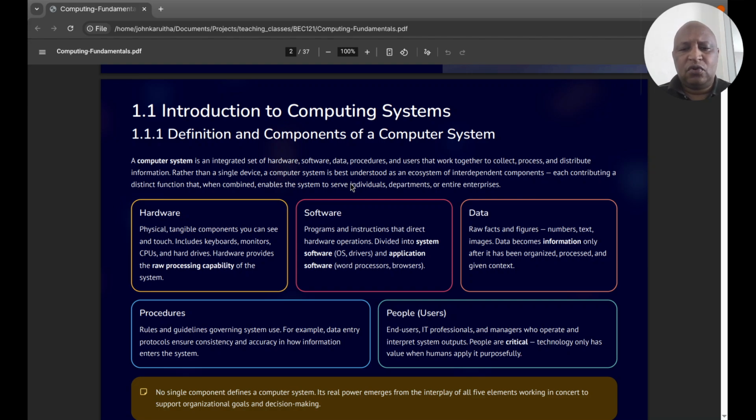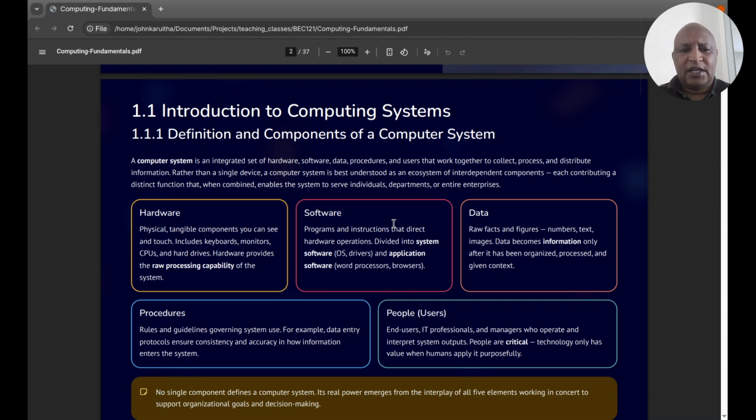So that is what we call a computer system. You may ask yourself, why are we including people here? You cannot keep a computer there and it is going to do things by itself. You need to go there, type something, click here and there. So that is why people are put there as part of the computing system.